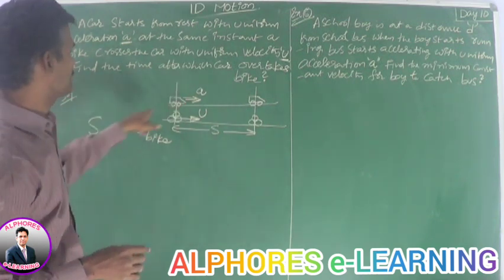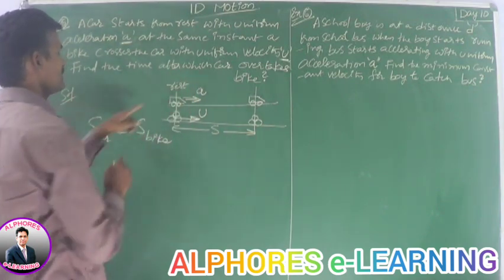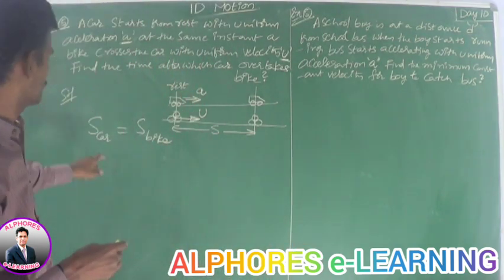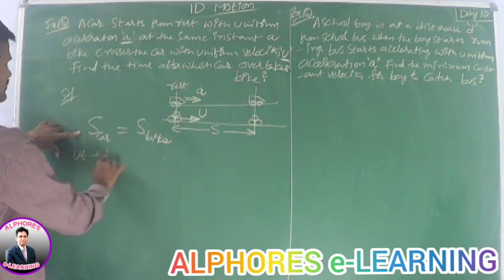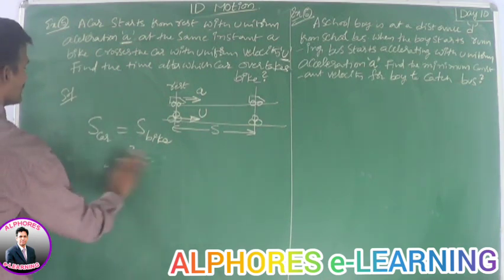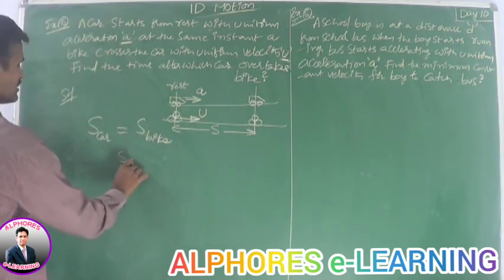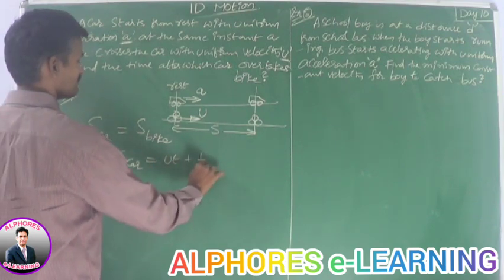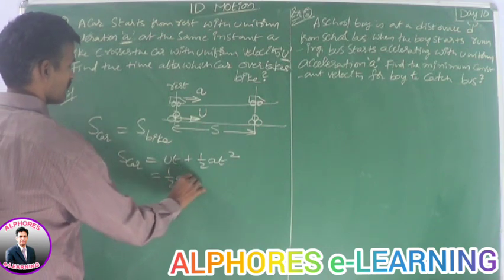So how to write the displacement of the car? This car starts from rest, so here you can use S is equal to ut plus half a t square. For the bike, you can write separately. Displacement of the car is equal to ut plus half a t square, where u is 0, so that is half a t square.